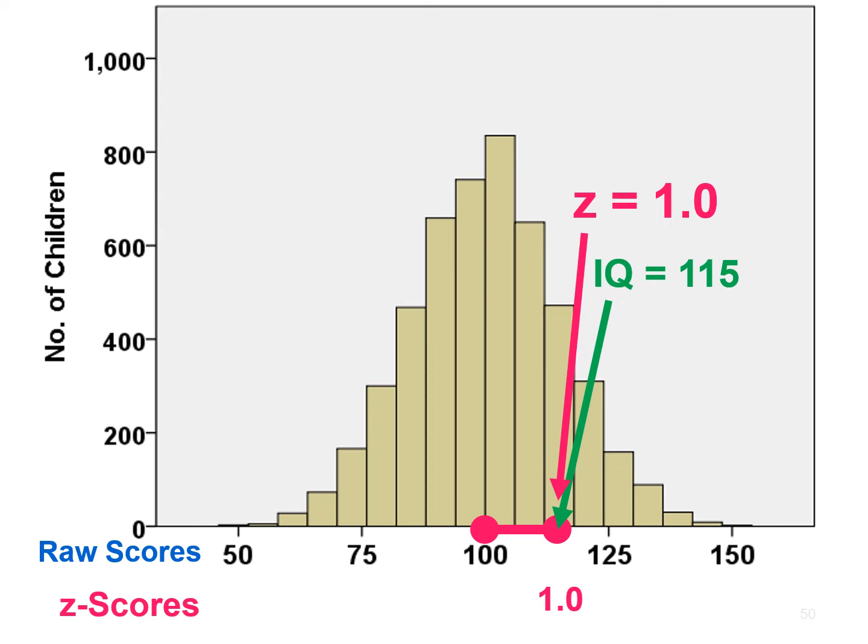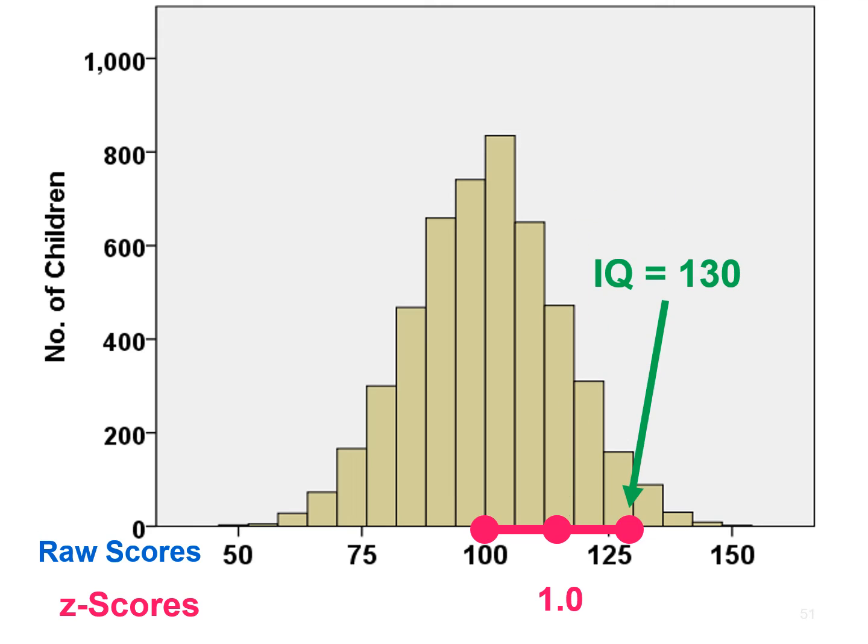Notice I have added a Z-score of 1 down here at the bottom, under an IQ of 115. This tells us that a Z-score of 1 is equivalent to a raw score of 115. Now, we'll consider children with an IQ of 130. What do you think the Z-score is for children with an IQ of 130?